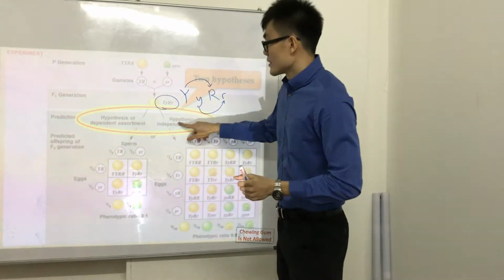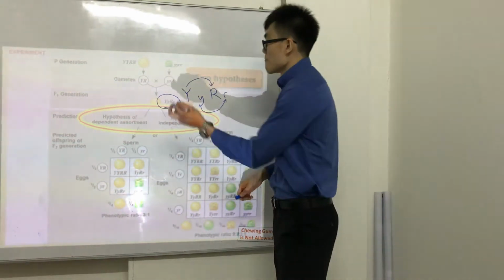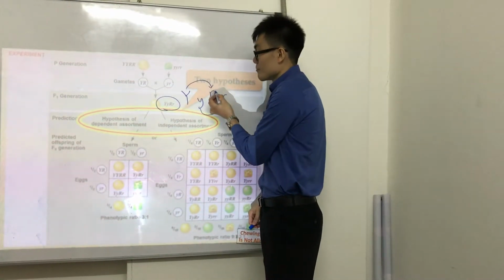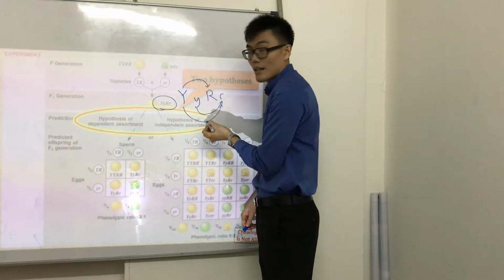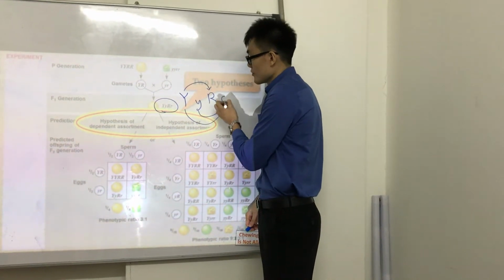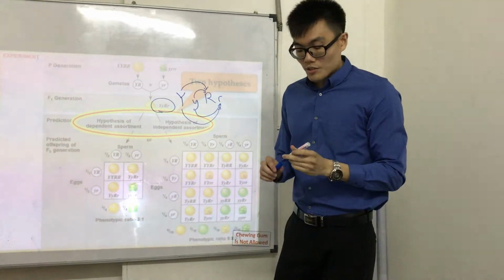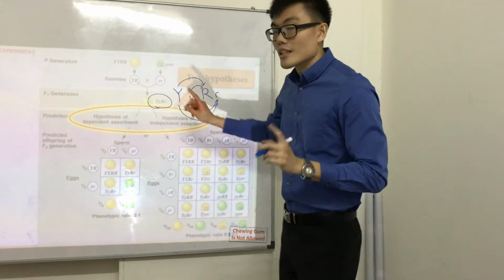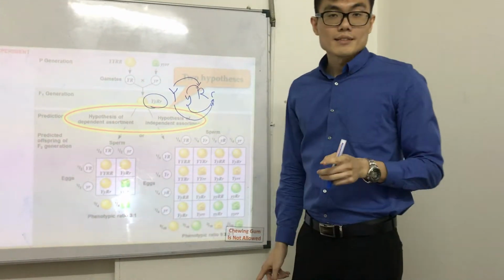But under the hypothesis of independent assortment, the big Y can pair with big R, and big Y can also pair with small r. Small y can pair with small r, and small y can also pair with big R. So the individual is able to produce 4 types of gametes.